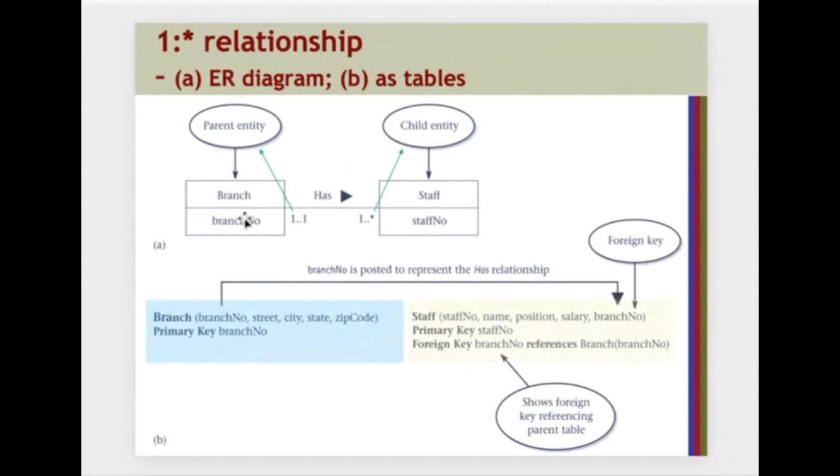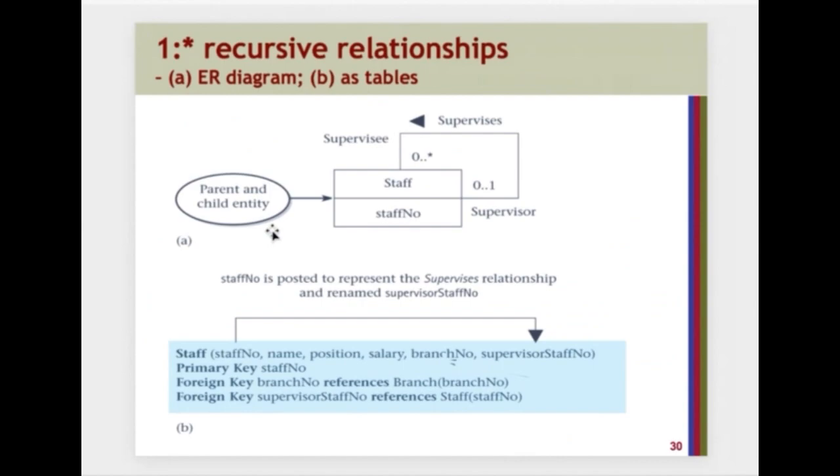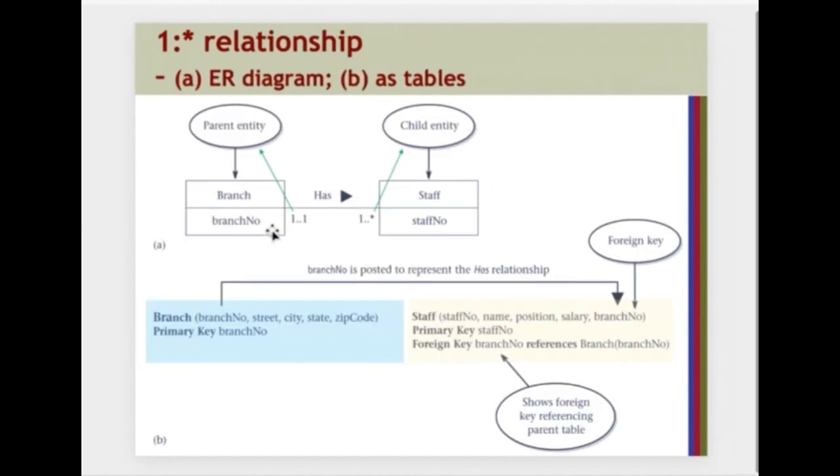So you see here the binary relationship between branch and staff, and you see the participation. The participation, the minimum value, is 1 here. Okay, in one-to-star, we are not looking at minimum value, we are looking at maximum value.